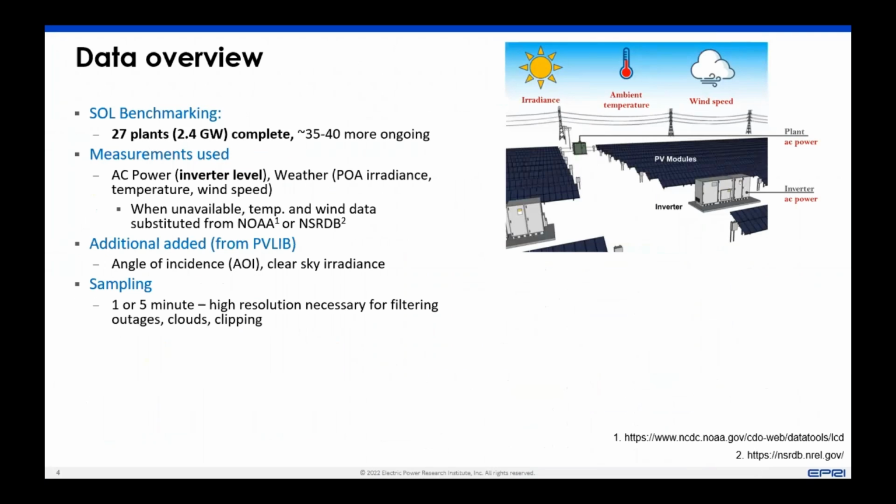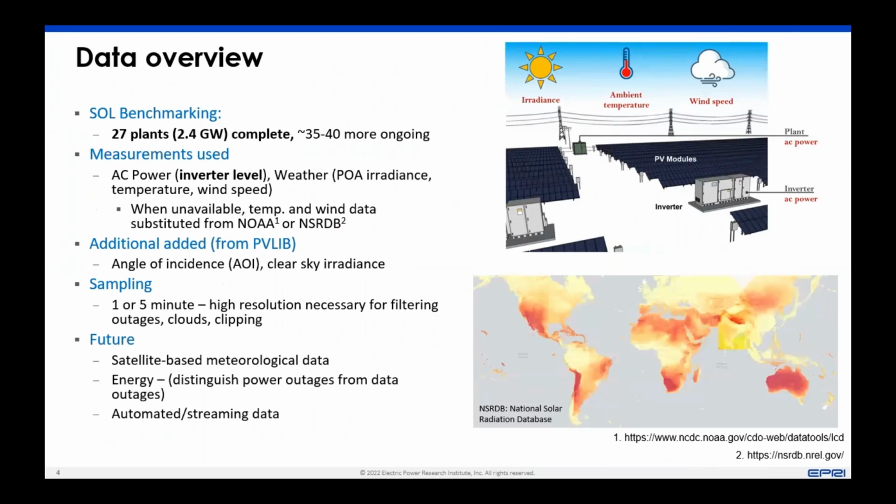We also added the incident angle from PV lib, and also use clear sky to estimate the irradiance. The sampling rate is 1 to 5 minutes. This is the high resolution that we use for filtering a lot of outages and other issues.